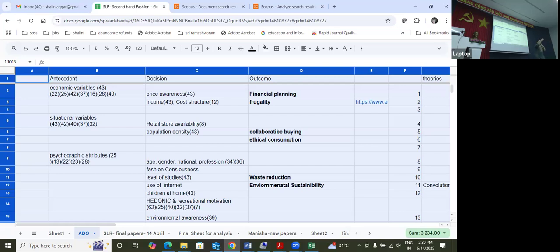So when you are reading, how do you get these variables? You read the abstract, but if you did not find anything from the abstract, then download the whole paper and read the methodology section, or the review of literature part, or some model if it is there. So you write the variables like this randomly. I'm not saying that in the first go you will be able to make it.